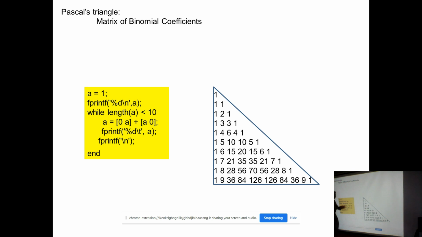Now similarly, that 1, 2, 1 will be the next a. Now what could be the next a? 0, 1, 2, 1 plus 1, 2, 1, 0. Add it. Matrix addition. Are you not getting 1, 3, 3, 1?